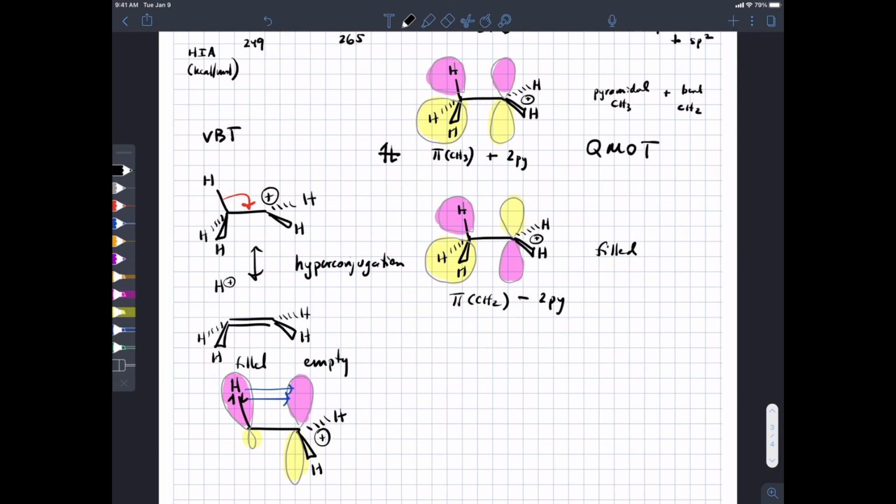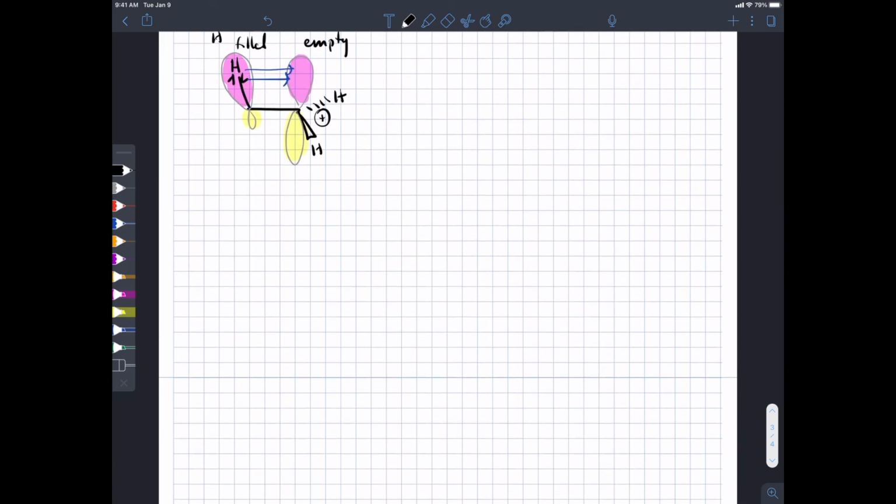Okay, let's do a few more. Sorry, I'm struggling to figure out what exactly we want to do. Tertiary carbocation, hydride affinity 231.